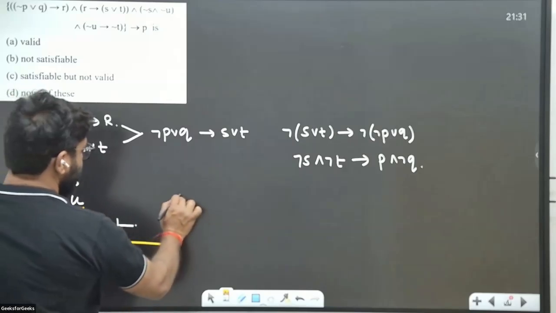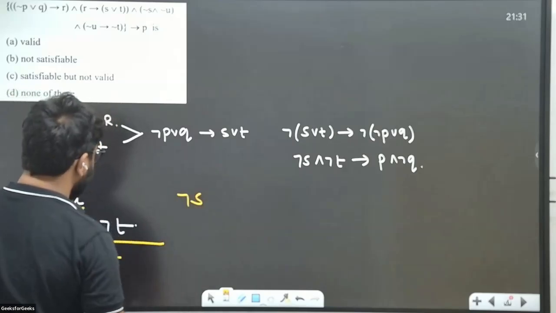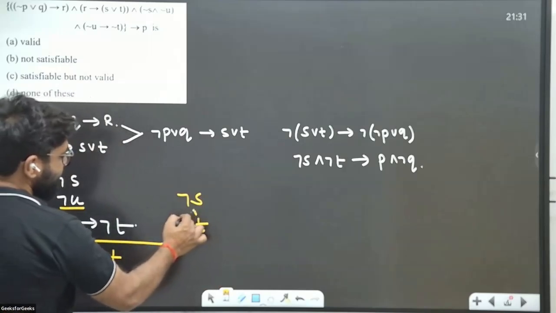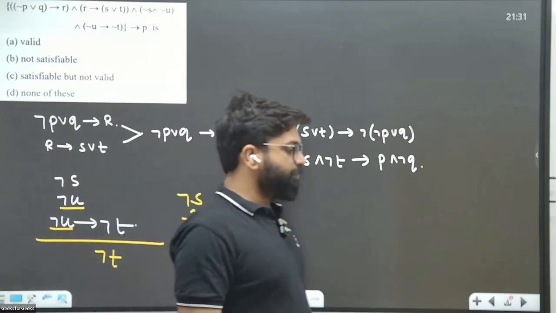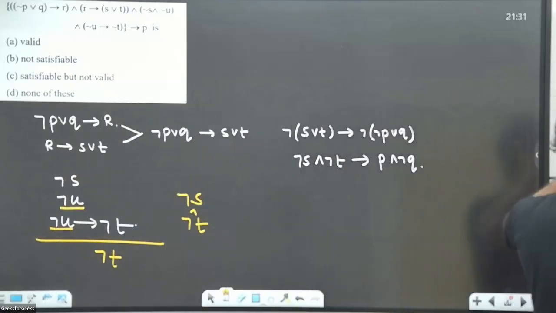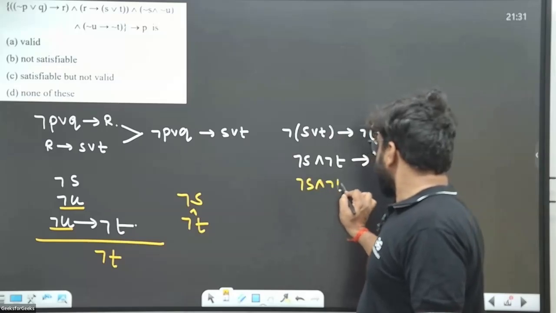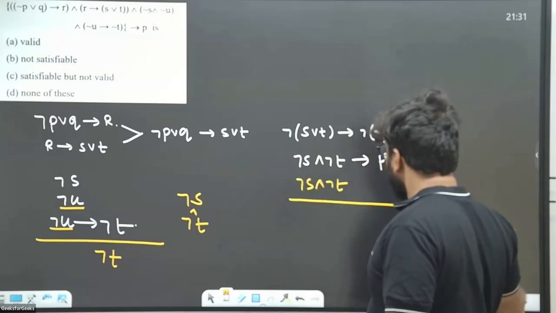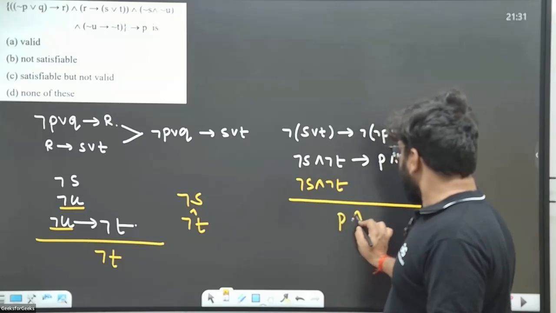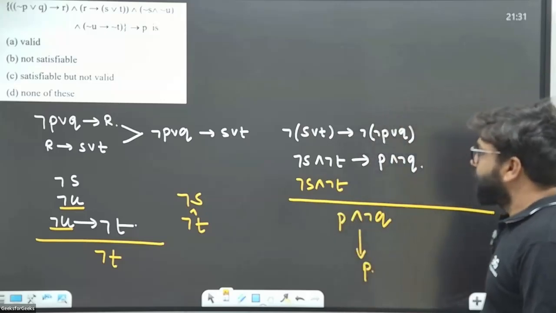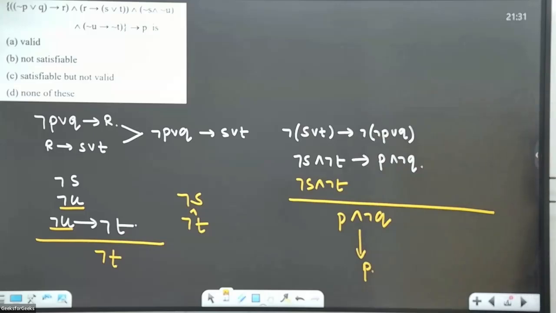You will get negation of T. That means at one place you have negation of S, at the second place you have negation of T. Can I say that there is an AND condition in between? Yes, sir. So negation of S and negation of T, here we are already getting. By modus ponens, I will get P and negation of Q. By simplification, I can write P here. Okay, sir.